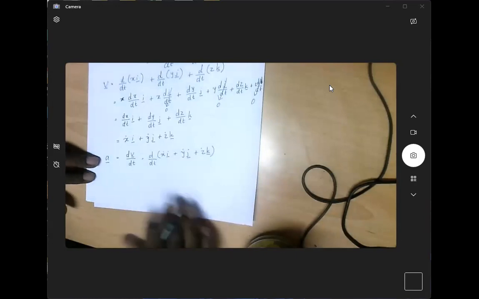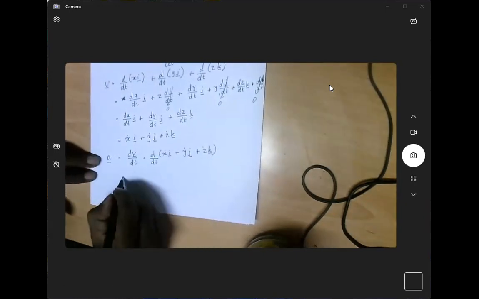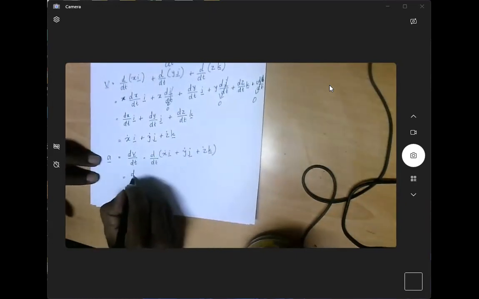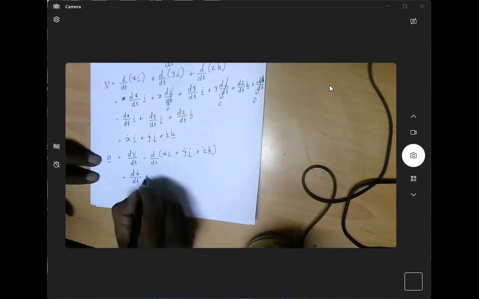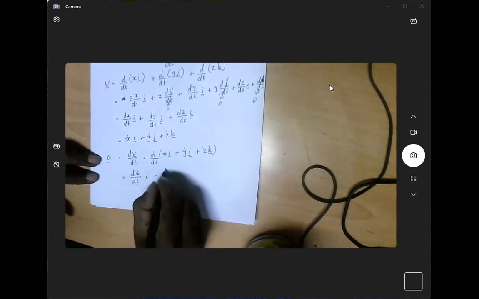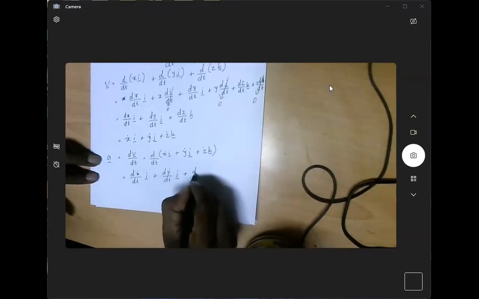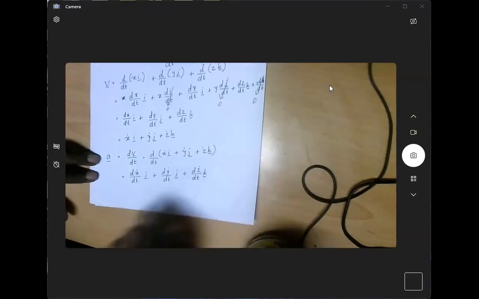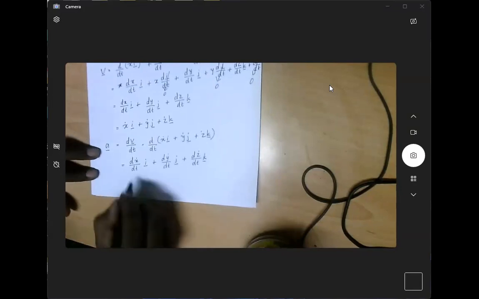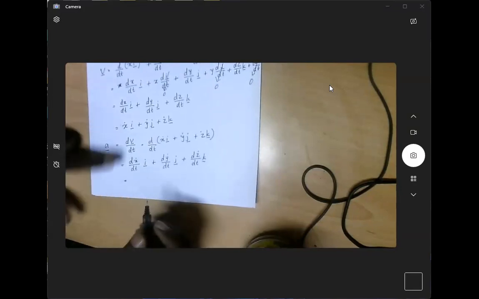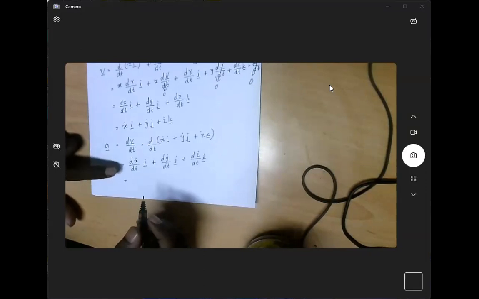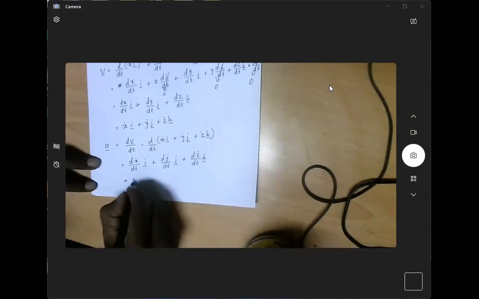Right? Use the same argument as previous, then we will end up with d x dot over dt into i, d y dot over dt into j, d z dot over dt into k.